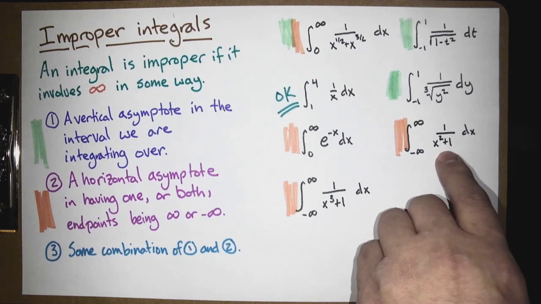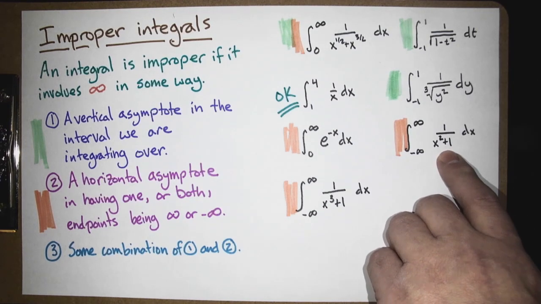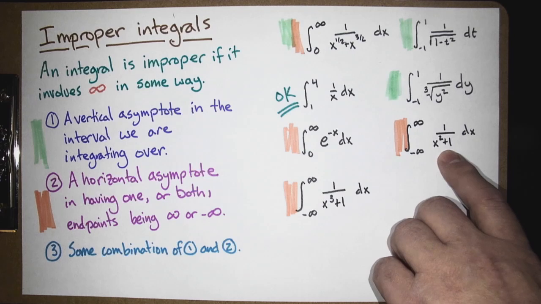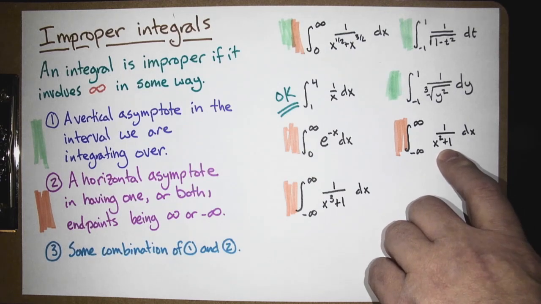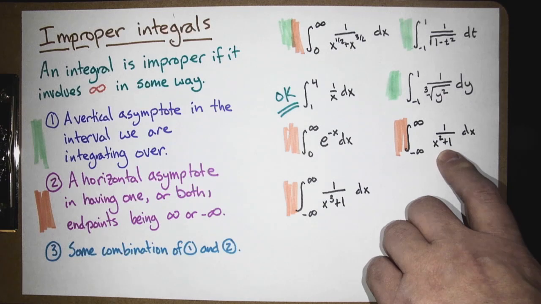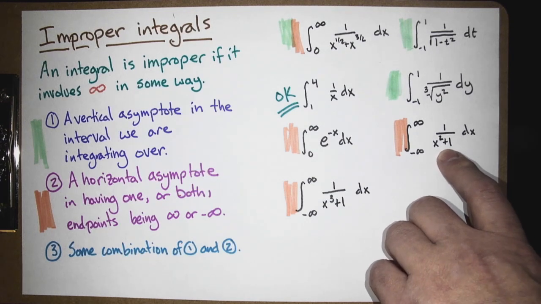And how about this one? Any issues? No. 1 over x squared plus 1, do we have any divide by 0 kind of issues? Now you might be like, oh, I want to make this thing complex. What about i? No, that's not this class. That's a different class.